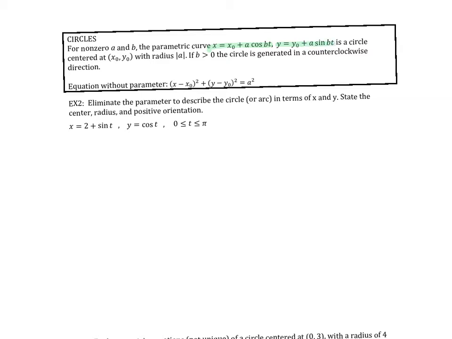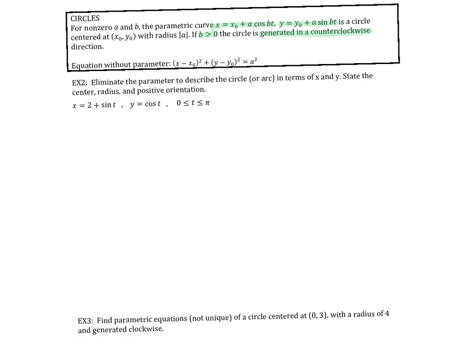Now this is not the only way that we can write circles parametrically. It's just the most common way. Now, if your b value, the coefficient on the t, is positive, then the circle is generated in a counterclockwise direction. Okay, so that's its positive orientation, counterclockwise.